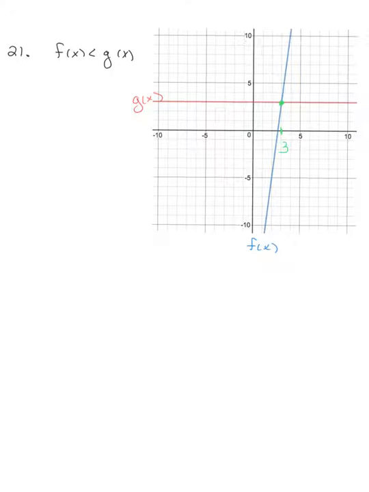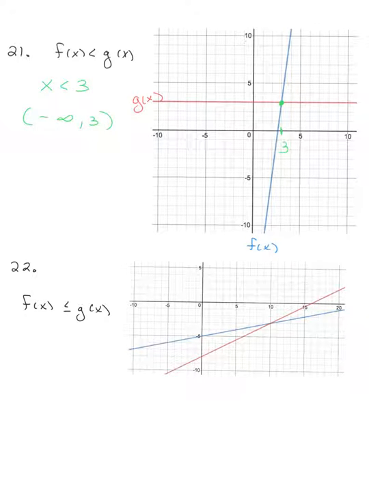So where is f of x lower than g of x? Here's g of x. Here's f of x. It's definitely this portion of the graph that is lower than g. These are all the x values going from 3 to negative infinity. So you could express the answer as x is less than 3, or as an interval, negative infinity to 3.